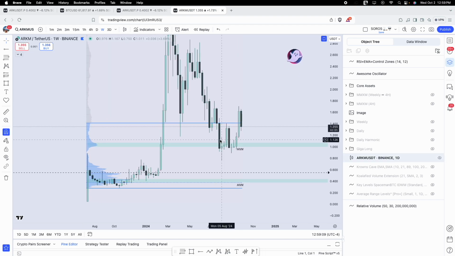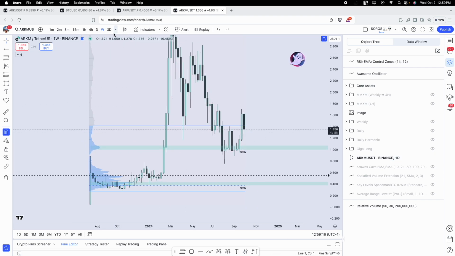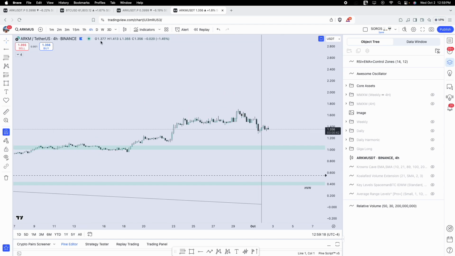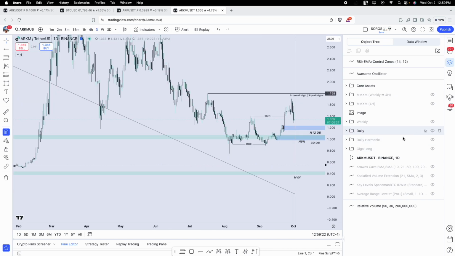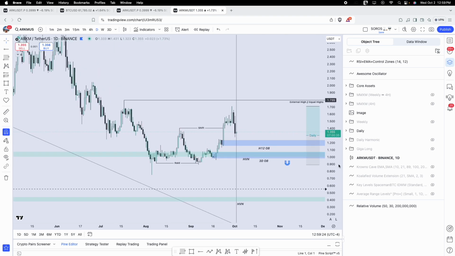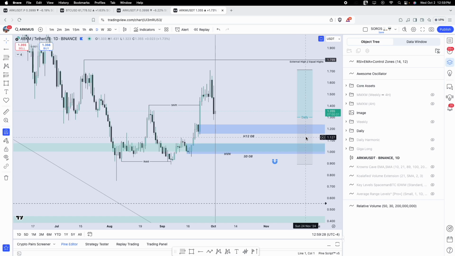So the expectation is we're going to pull back a bit more. We have a cluster here, right at this volume node. So if we go back into the daily, you could see how it kind of lines up here with my 3-day order block that I'm anticipating as an area of interest.